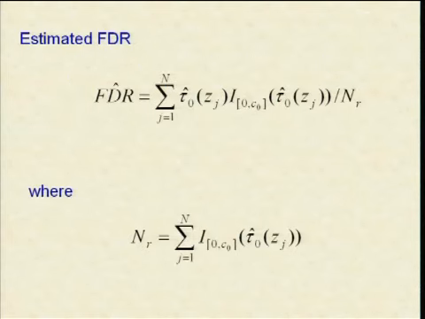And you can estimate these. So having fitted the normal mixture model now, you can estimate these other error rates. This is, say, the false discovery rate. So this is just the estimated posterior probability for a gene with this z-score, the Jth gene, and this is the indicator function here that takes the value 1 if its argument falls in that interval there. So you just got to add up over all genes and divide by the number that are rejected.